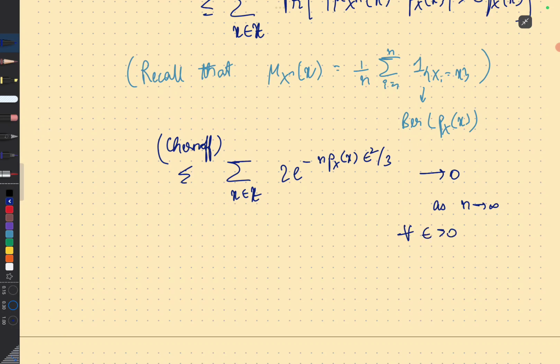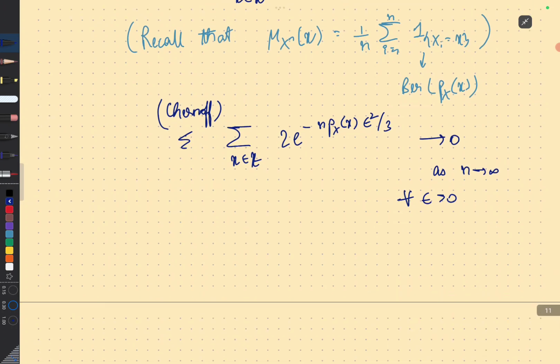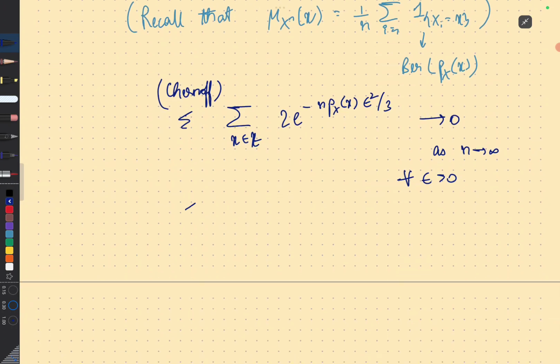If you want a cleaner bound on this quantity, you can upper bound this by the number of terms times the largest possible term, which is e to the power minus n times the smallest probability times epsilon square divided by 3.